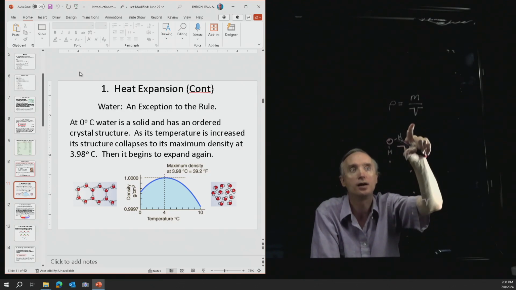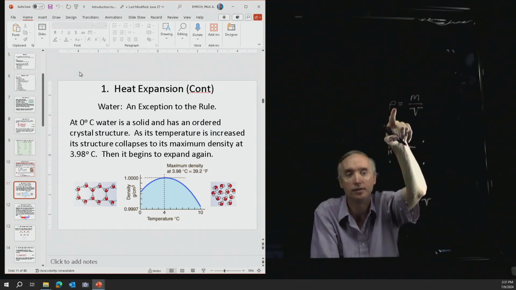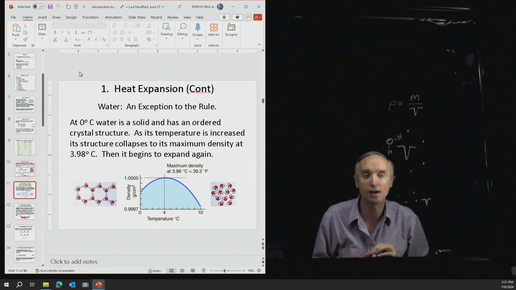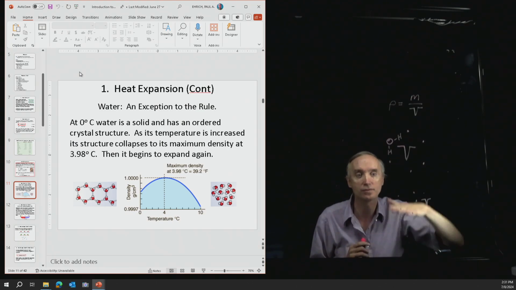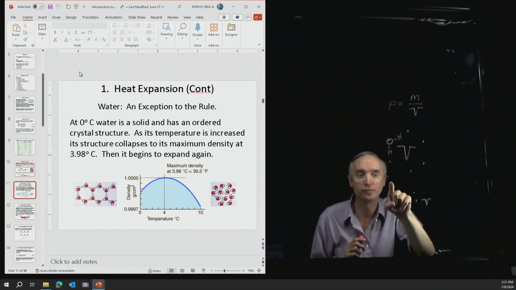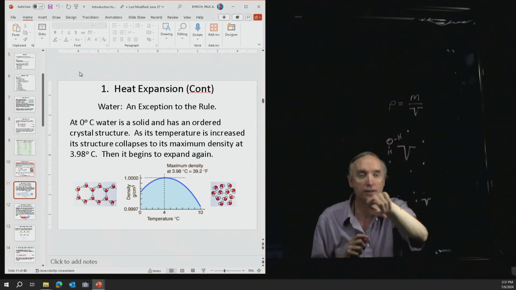So because this has the large volume, it's got the small density, and that means that its density when it's a solid is going to be less than its density when it's a liquid, so that ice floats on top of water.